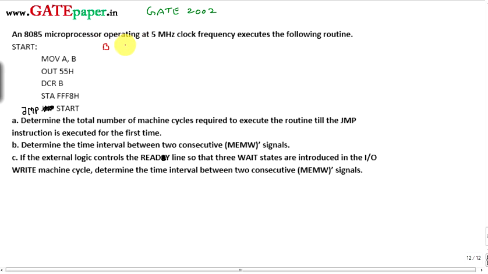Next, the number of T states it requires. First I will write the machine cycles it requires, the number of T states it requires, and the type of machine cycles, that is, the machine cycle operation.